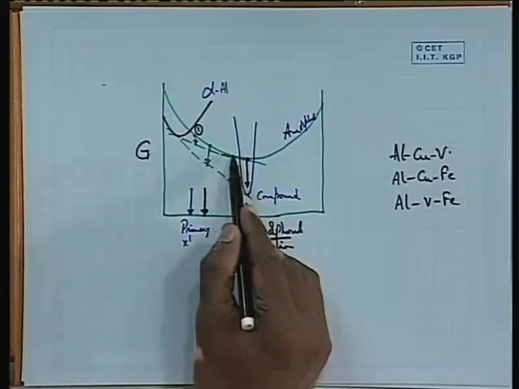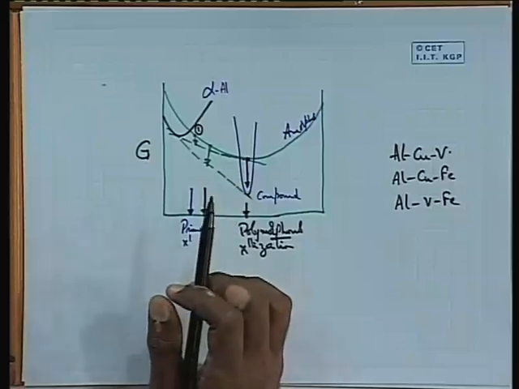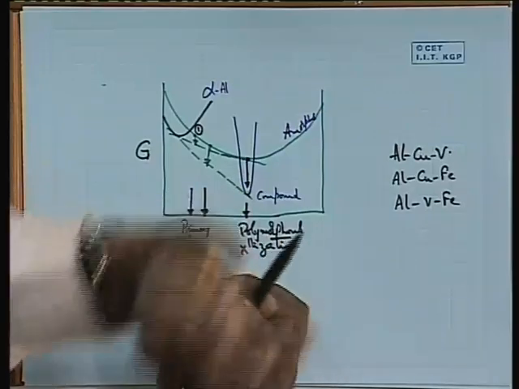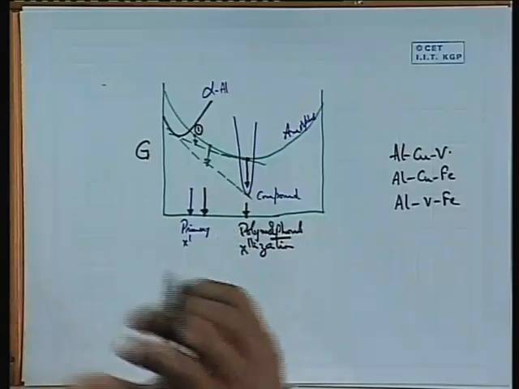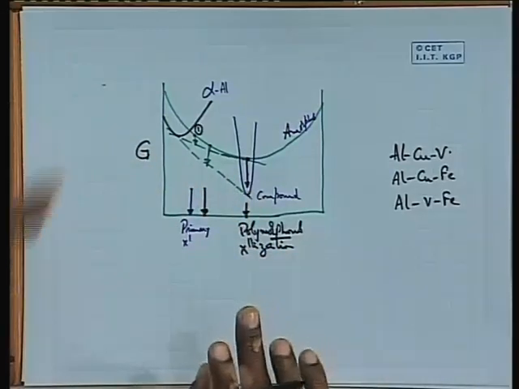Or if your alloy composition is slightly off the composition, you can have crystallization of these intermetallics or quasicrystals to give you what is called a nanocomposite, where you have an amorphous matrix into which you have a quasicrystalline particle or an intermetallic particle.